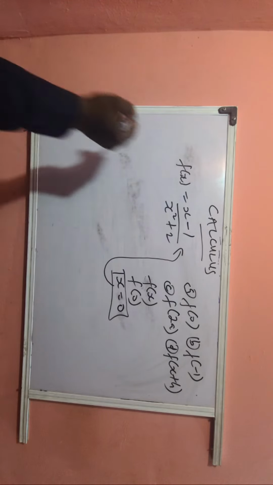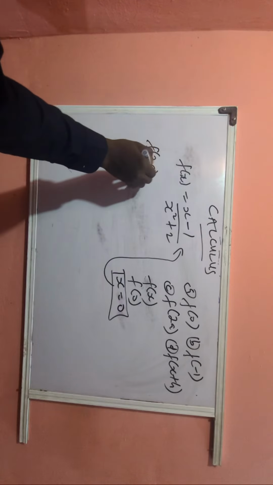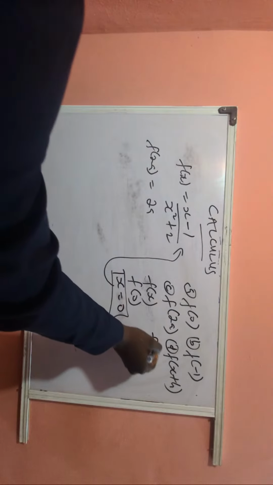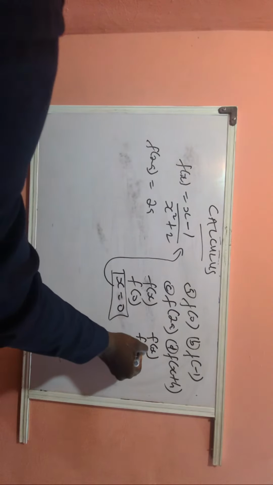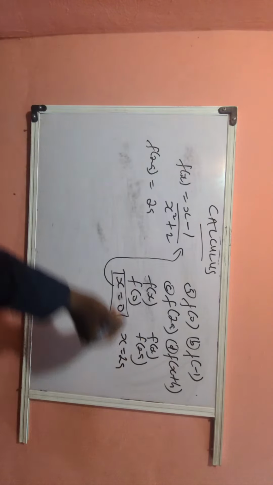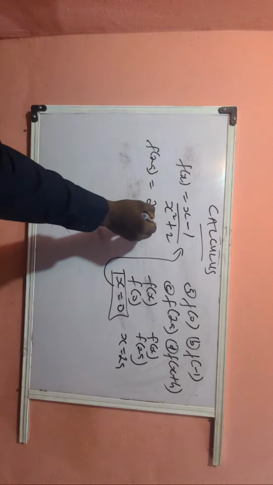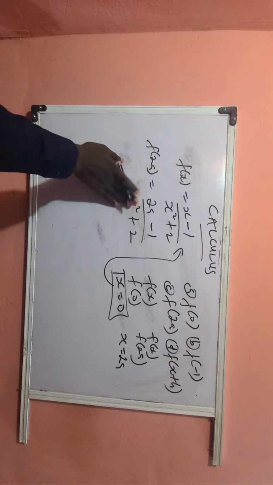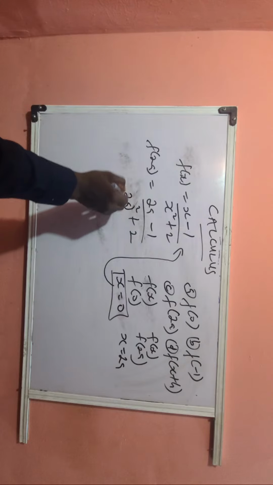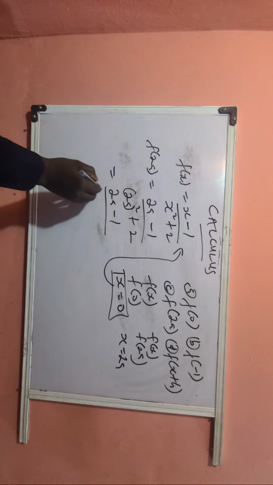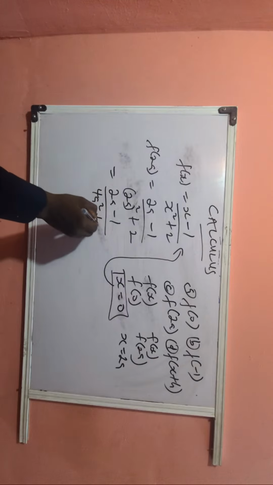F of 2a obviously will be, you fix in, of course, if you have f of x and you are told to find f of 2a, that means wherever you saw x, you're supposed to fix in 2a. So in this case, you have 2a minus 1 over, not x squared anymore, (2a) squared plus 2. This will be 2a minus 1 over 4a squared plus 2.